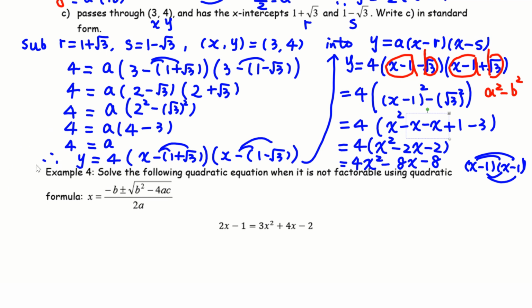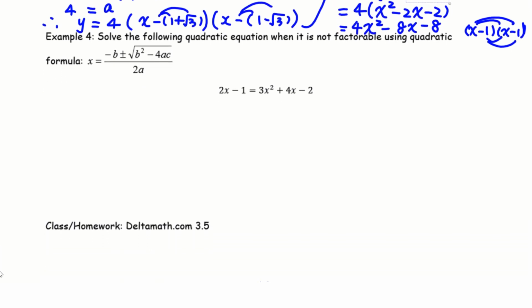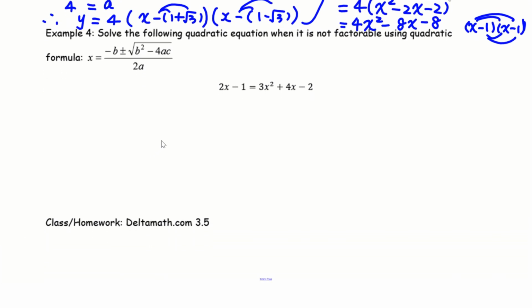So with 3 points for a quadratic equation, you are able to find the quadratic equation for that quadratic function. And for the vertex form, you only need 2 points: vertex plus another point.